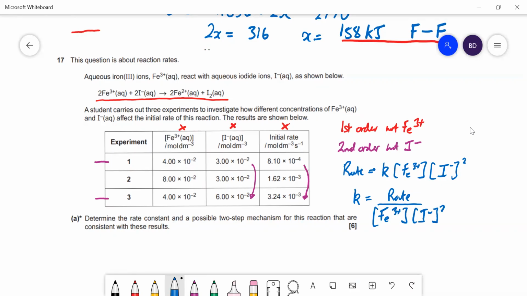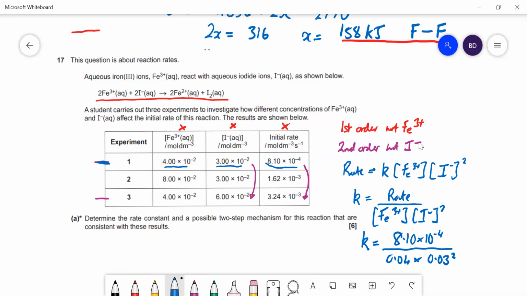Let's take the first line, let's take it from experiment 1. Just put the numbers in there to work out k. So we're going to get the initial rate, 8.1 times 10 to the minus 4, divided by the ion concentration. That's 4 times 10 to the minus 2, 0.04, just to the power of 1, multiplied by the iodide concentration. So that's going to be 3 times 10 to the minus 2, that's 0.03 squared.